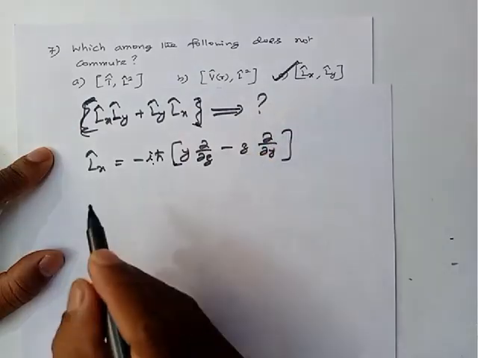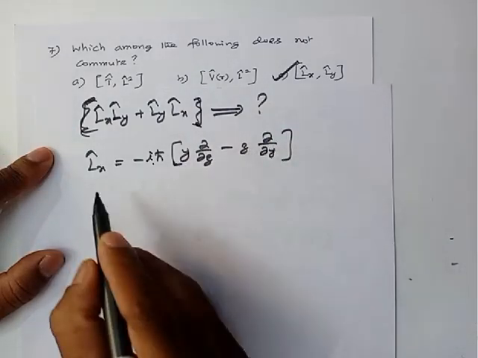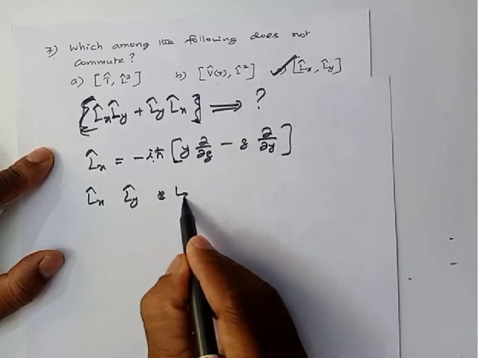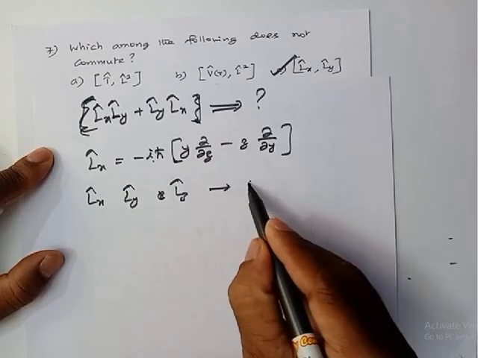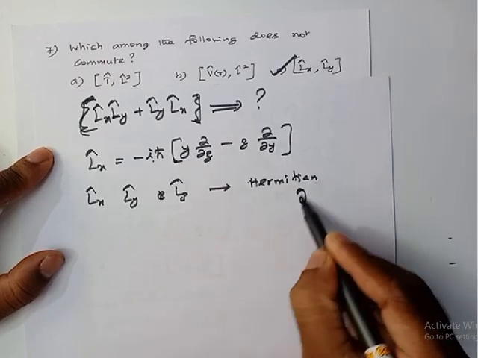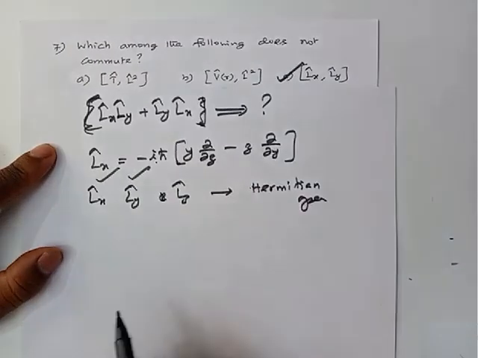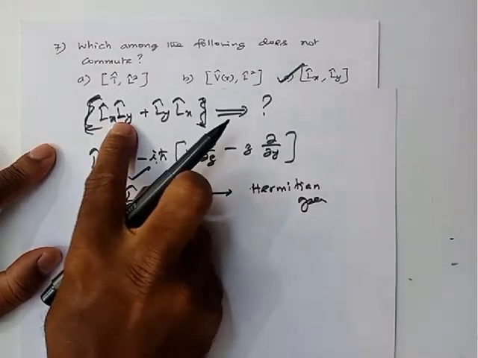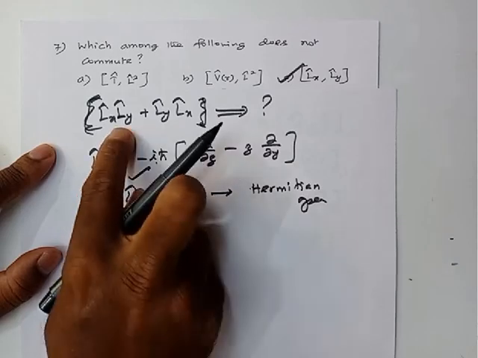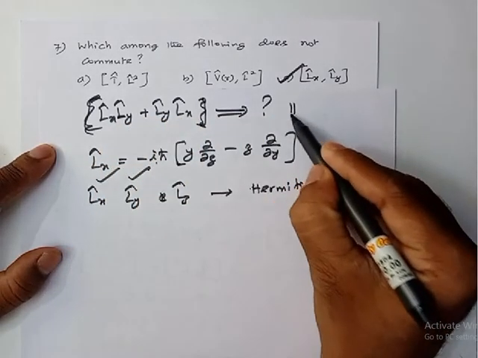So I can say it the other way, simply, you need not worry about this. Remember, Lx, Ly and Lz are all Hermitian operators. So Lx and Ly are Hermitian. Therefore, AB plus BA, if I take this as A and this as B, is also Hermitian.